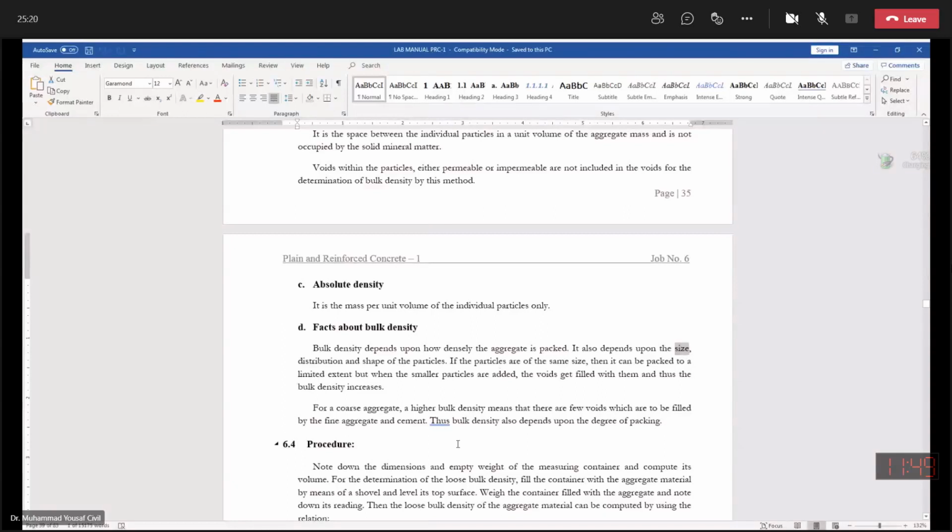If only uniform size particles are present in the sample, there will be a number of spaces and more space will be left over. If all sizes of the particles are present, then it is a well-graded material and the least spaces will be left between the aggregate particles. And certainly, it will give you better density.